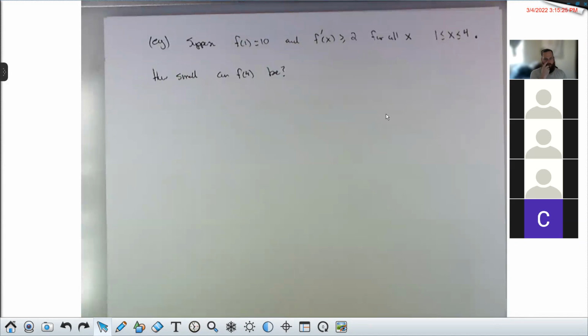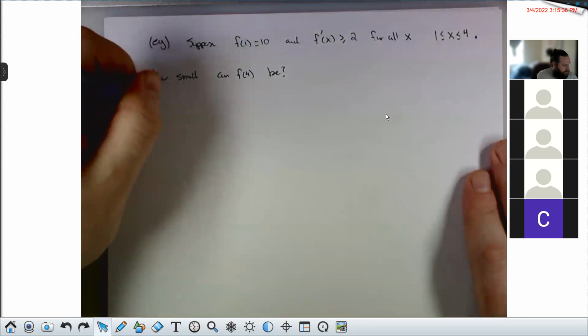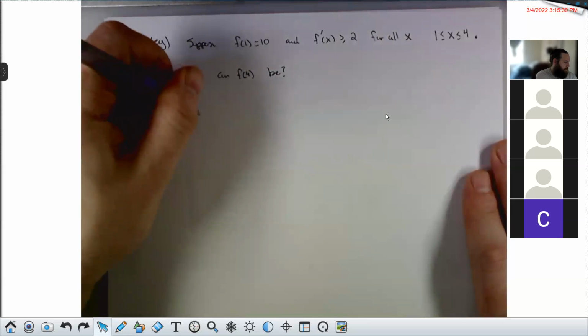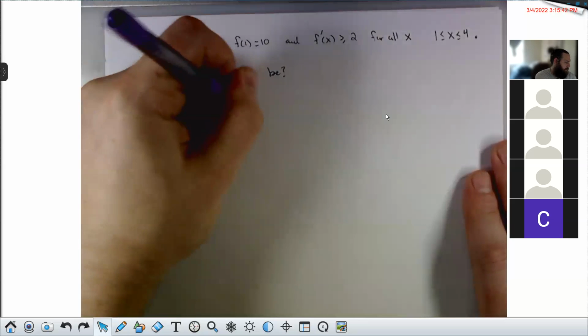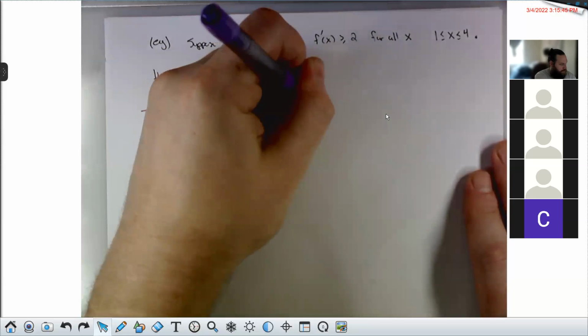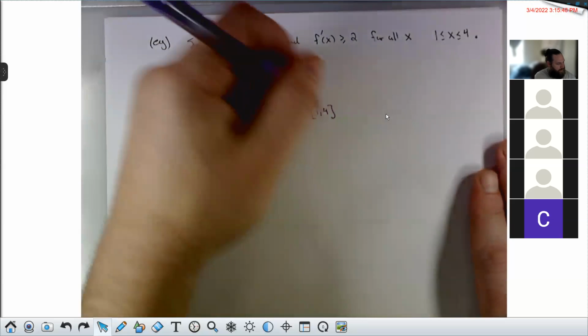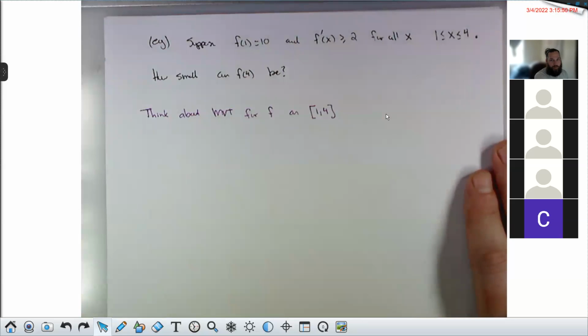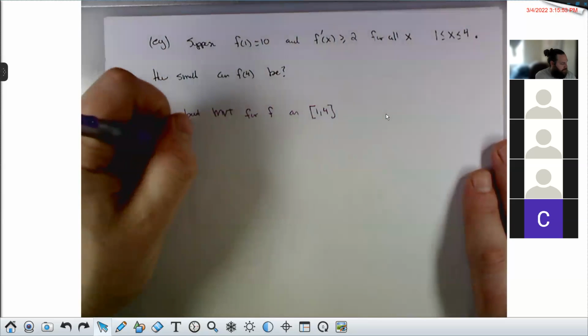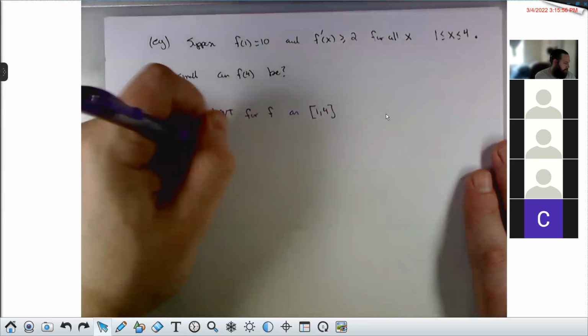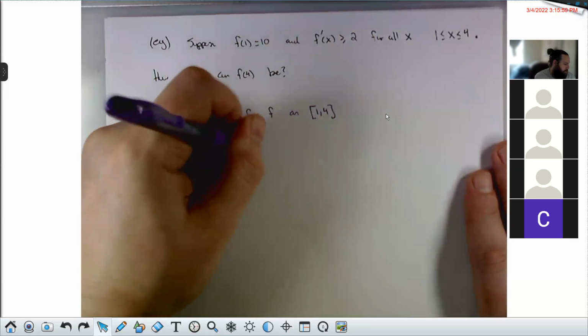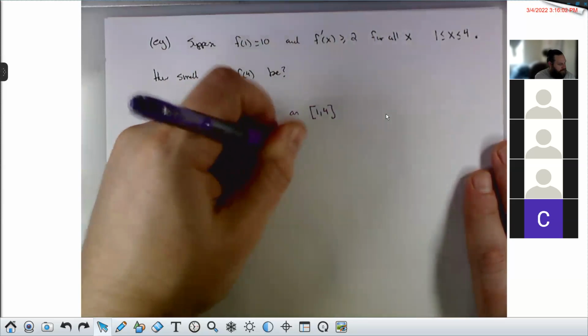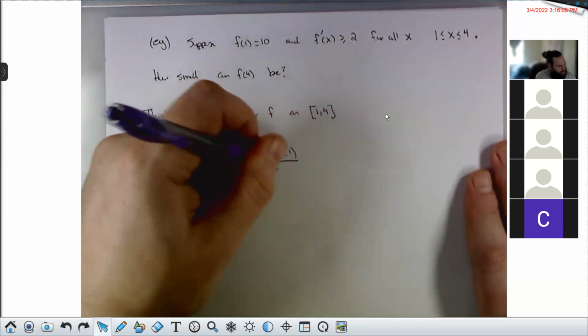The idea here is that we're going to apply the mean value theorem to the function f on the interval 1 to 4. MVT would say that f prime of c is equal to f of 4 minus f of 1 over 4 minus 1.